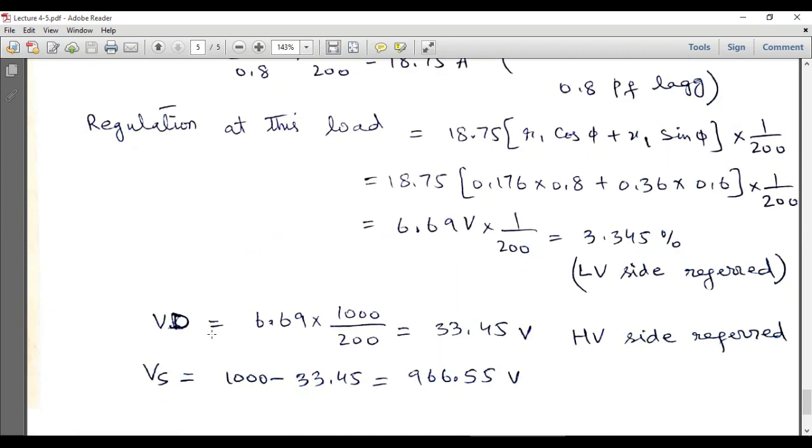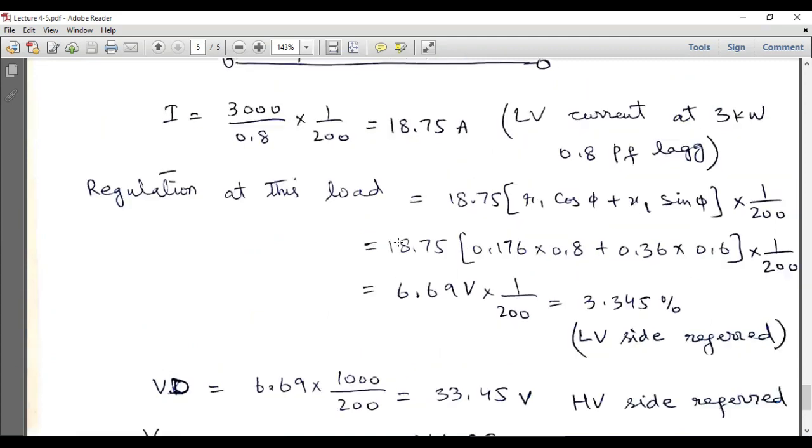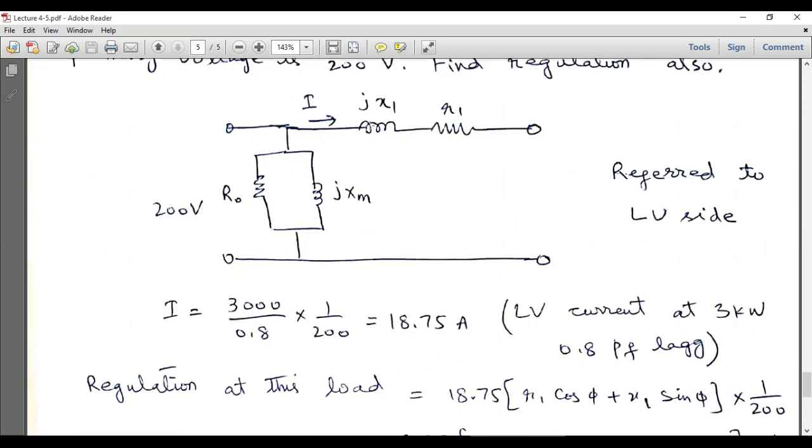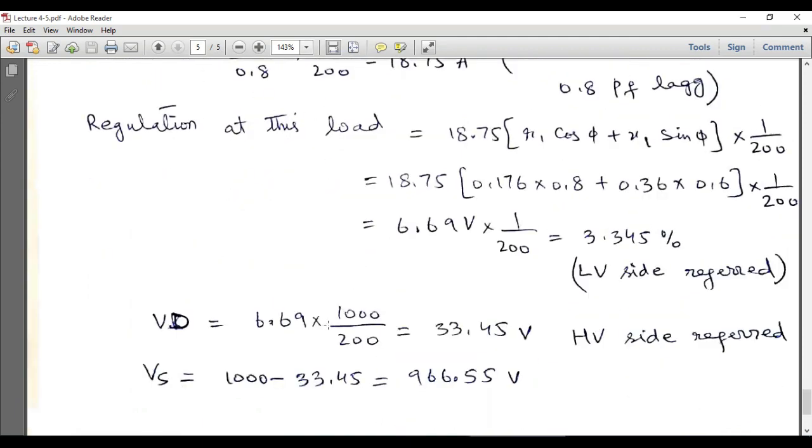So voltage drop is equal to 6.69 multiplied by 1000 divided by 200. This transformation refers the voltage drop across this branch to the high voltage side. So it will be 33.45 volts referred to the high voltage side.